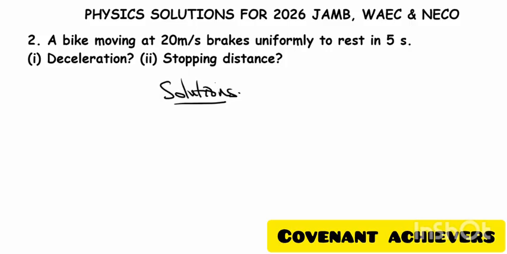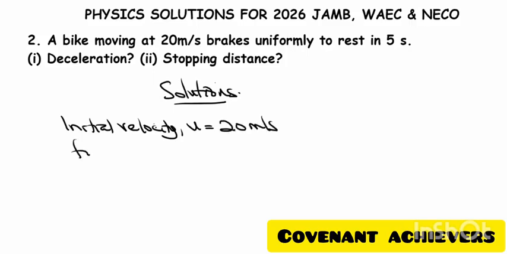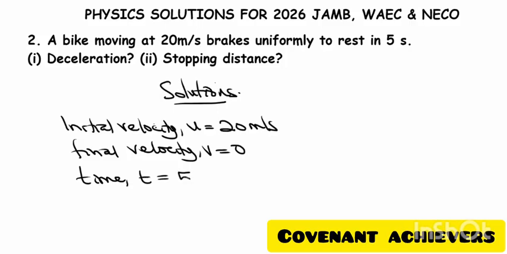In this case, the initial velocity or initial speed u is 20 meters per second, and the final velocity v is 0, because it comes to rest from 20 meters per second and uniformly brakes to rest in 5 seconds. So the time t is 5 seconds.